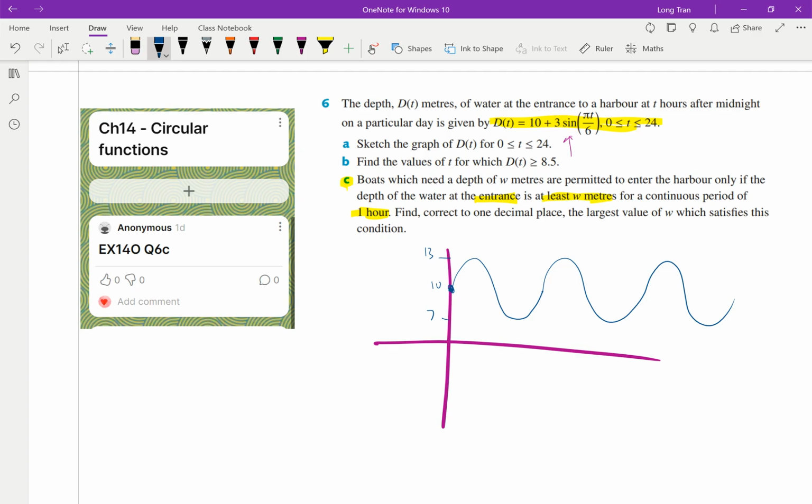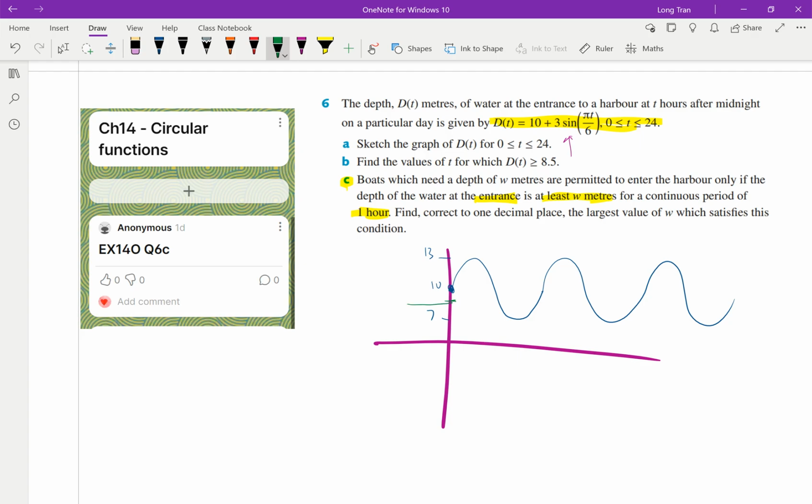In this graph, what they want you to find is that the boat can only go through when the entrance is at least W meters for a continuous period of 1 hour. Now, hypothetically, let's say 8 meters.